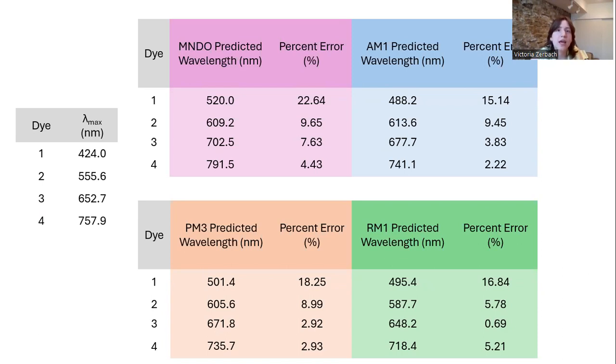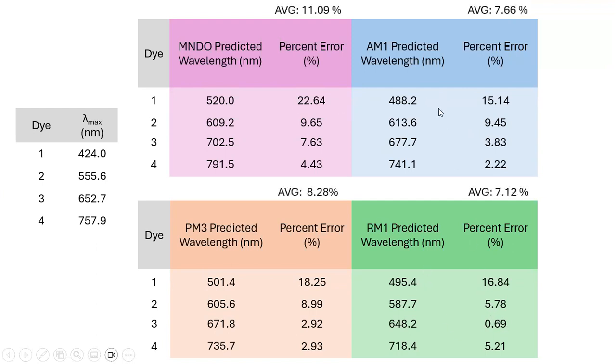Now, to look at what we actually were able to calculate from the energies from this molecular modeling, the wavelengths in general were larger than the experimental wavelengths, and the errors were as big as 22%, but as low as 0.69%. On average, the errors were lowest for the AM1 and the RM1. And as you can see, you have the lowest error in the RM1 here.